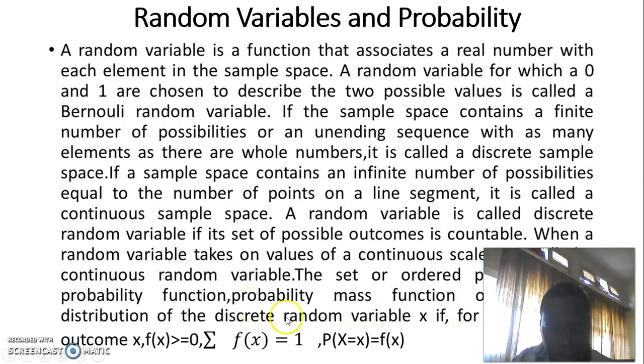The set of ordered pairs x and f of x is a probability function, probability mass function, or probability distribution of the discrete random variable X if for each possible outcome x, f of x is greater than or equal to 0, the sum of f of x is equal to 1 for the discrete case, and the probability that capital X equals small x is equal to f of x.